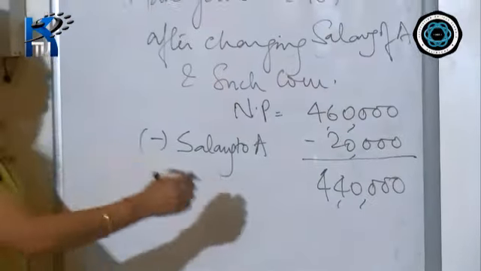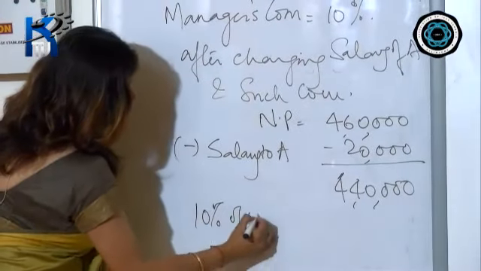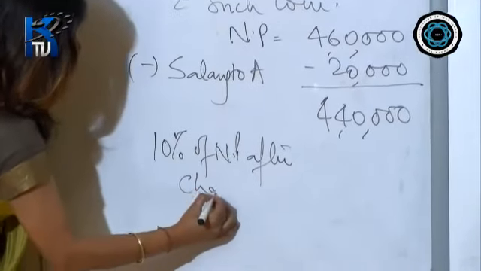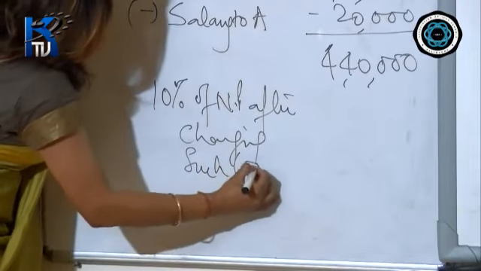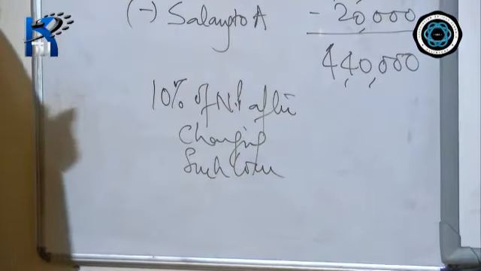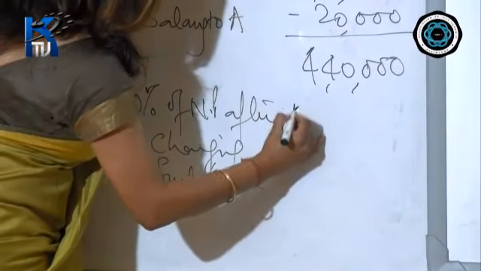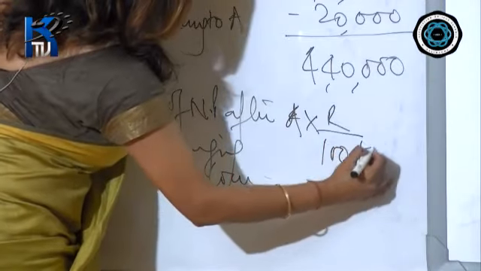So the manager's commission is 10% of net profit after charging such commission. After charging such commission, it is 10%. So what do we take? The formula is amount into rate upon 100 plus rate.